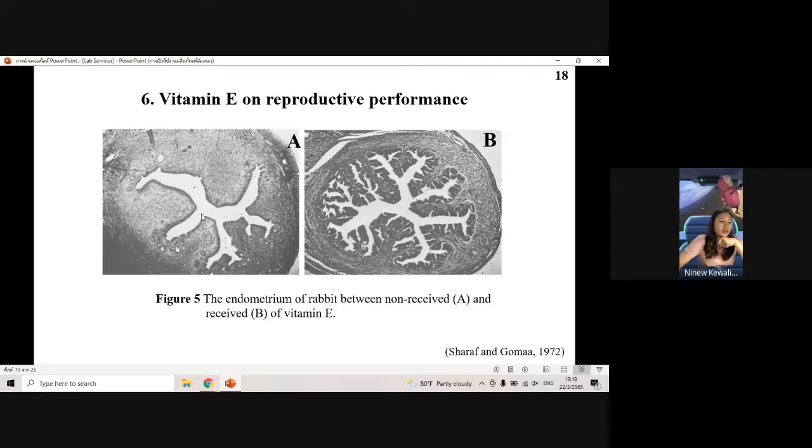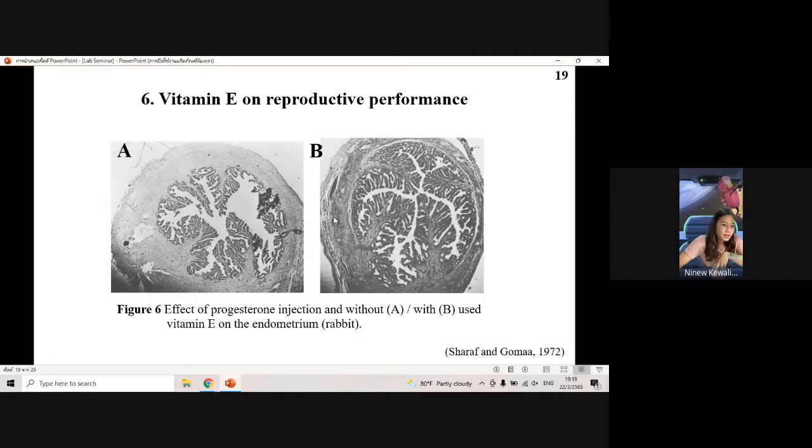It means figure A has less endometrium than figure B, which received vitamin E.